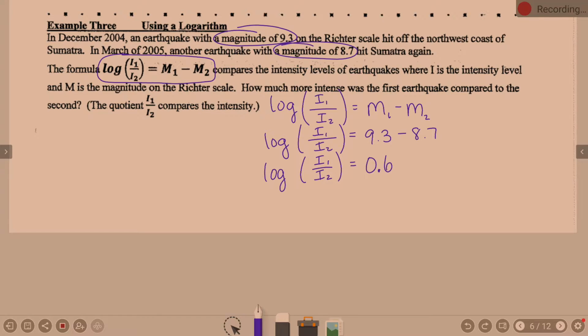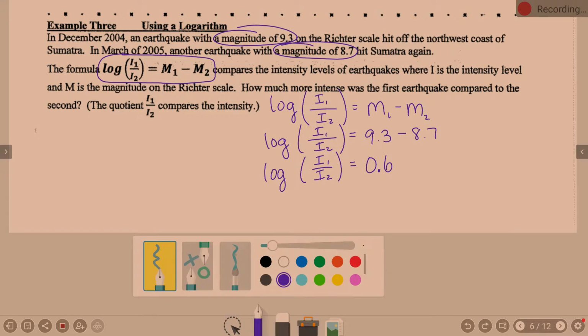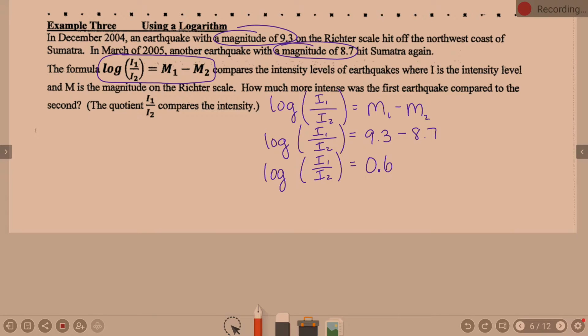I need to solve for those I's. How do I get this out of log form? Put in exponential form, right? What's my little word phrase I'm using? Left, right, middle. What is my left?